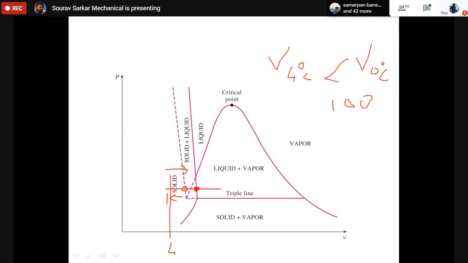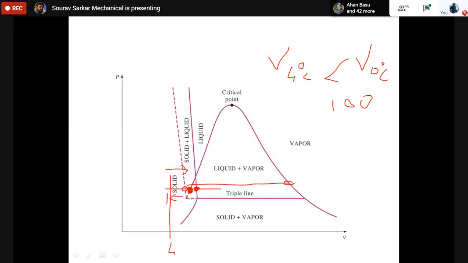After that, whenever it reaches 100 degrees Celsius, maybe at this point, if we heat it, the boiling will start, and after a certain time the boiling will end.